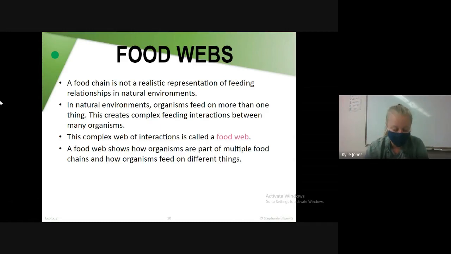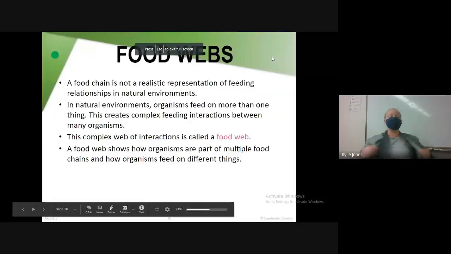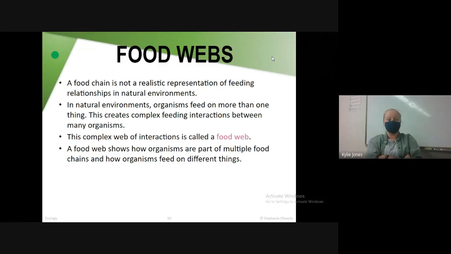So we are starting at the section called Food Webs. If you're looking at the slides, we're starting on slide number 10. So food webs are a more intense food chain, basically. A food chain is not a realistic representation of the feeding relationships that happen in natural environments. In natural environments, organisms will feed on or eat more than one thing.